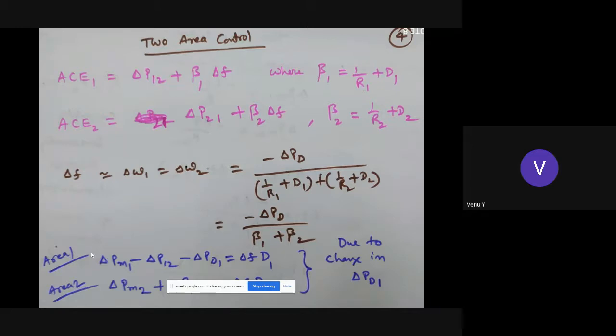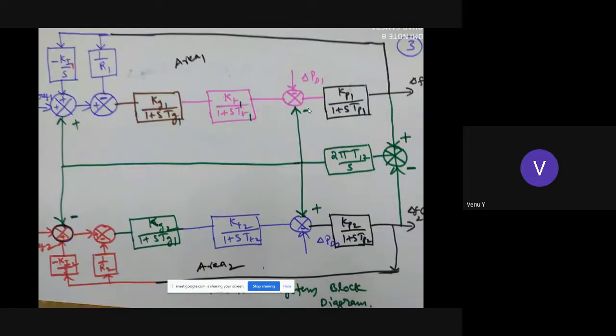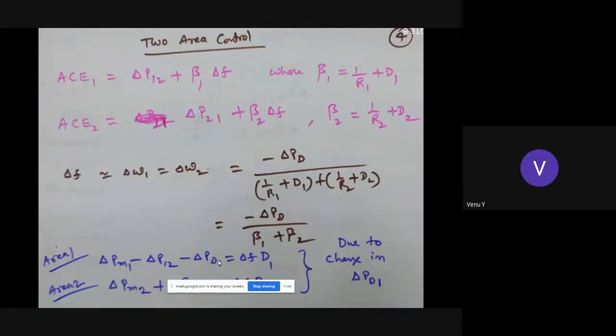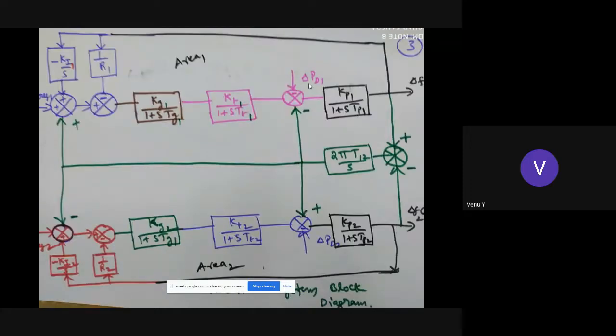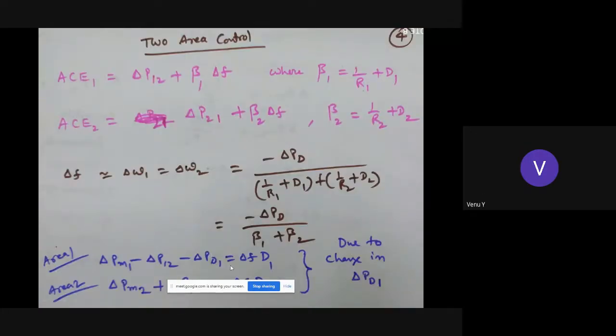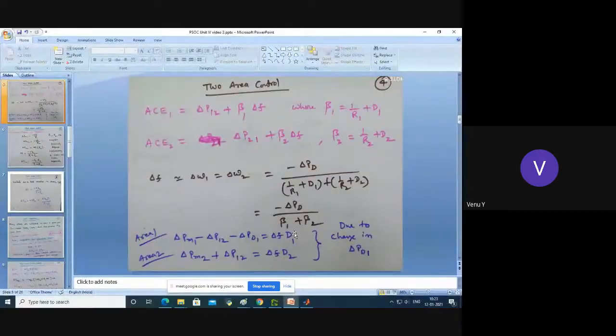So now write the equations of area 1. Delta PM1 is the prime mover input, minus delta P12 is the tie line power, you can see the negative sign, minus delta PD1, here also a negative sign, equal to the change in frequency into D1.